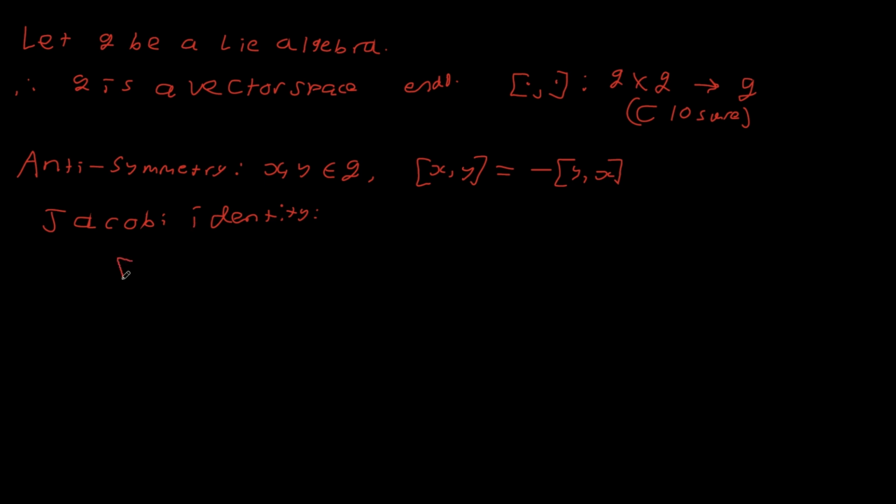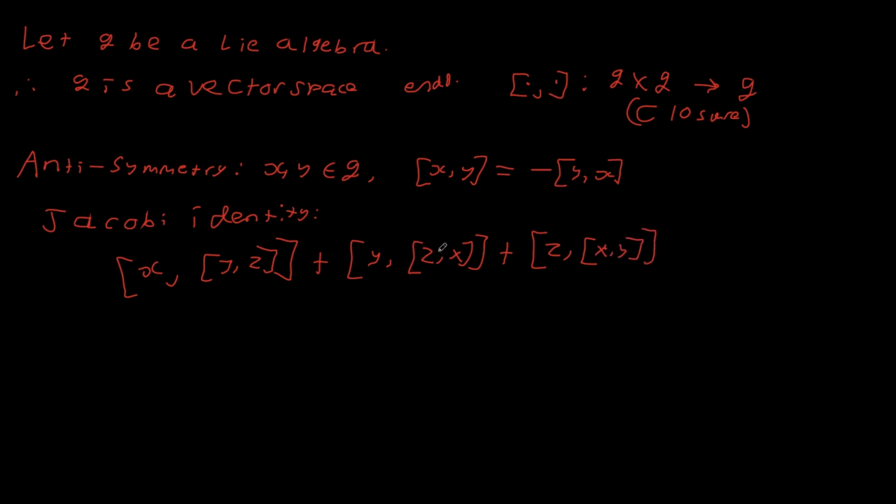So what you can have here is that you're going to have element x be bracketed with the element that is bracketed by y and z. And now what you're going to do is you're going to add that, and you're going to shift each of the elements over one position. So y with z, x, and you're going to add that with, shift them again, z with x, y.